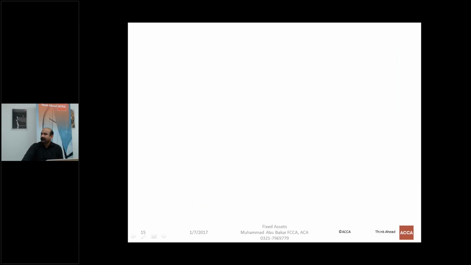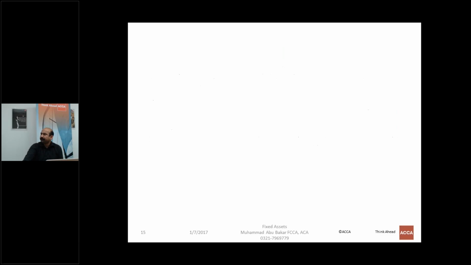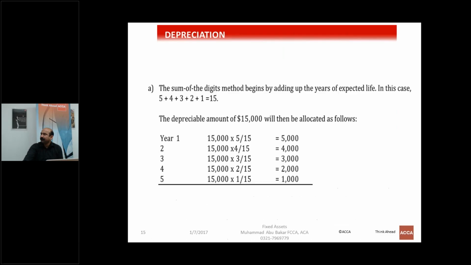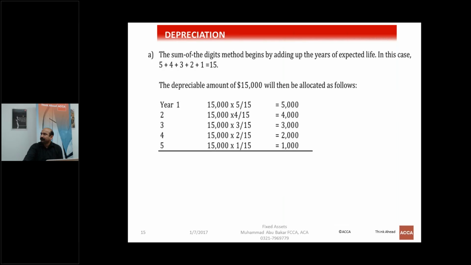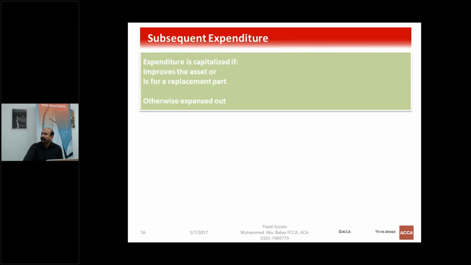These are the answers. You can see that over here, and these will be available with you people, just to remind you what the methods are. Subsequently, if expenditure improves the asset or is for a replacement part, it is capitalized; otherwise that subsequent expenditure should be expensed out.